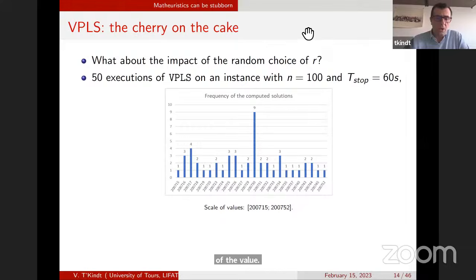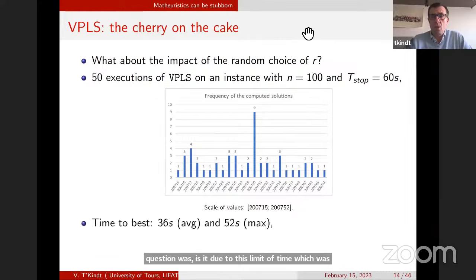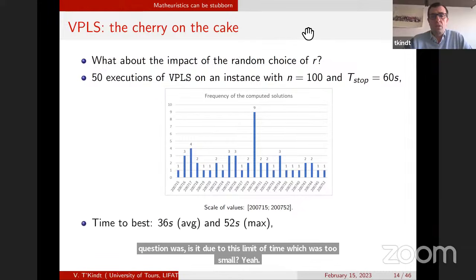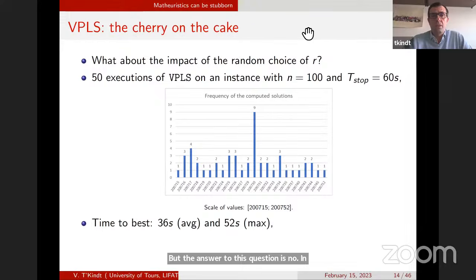So my first question was, is it due to the limit of time which was too small? But the answer to this question is no. In fact, all these 50 executions of the VPLS stopped, on average, after 36 seconds. And in the worst case, the longest execution time was 52, so below the limit, meaning that the Matheuristic stopped because it got stuck in a local optimum.